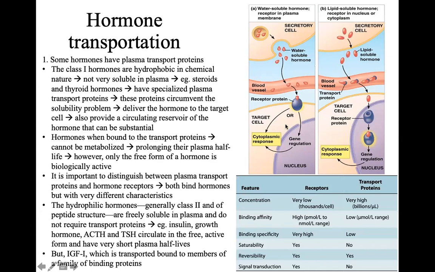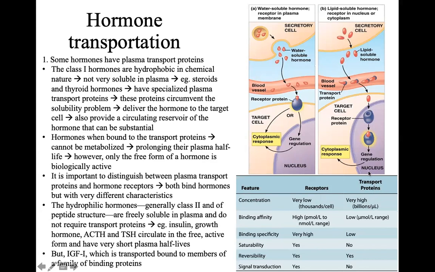However, on the table down here, you can see the concentration for the receptors. When I mention the receptors, this is the difference between the left and the right one. Receptors in the water soluble are very low in terms of concentration, but the transport protein concentration is very high.